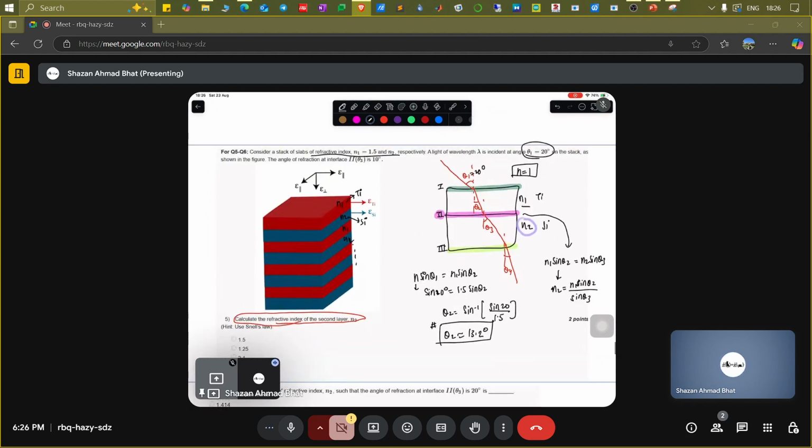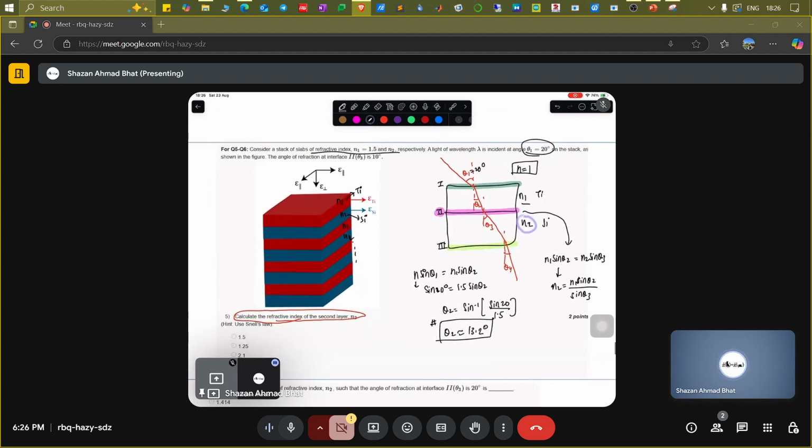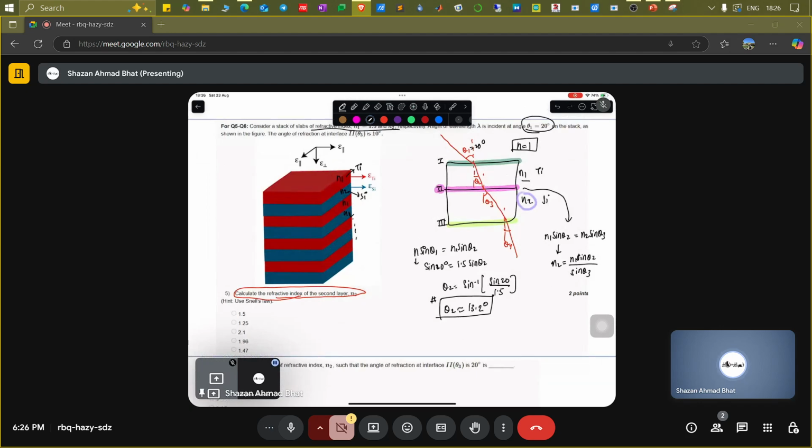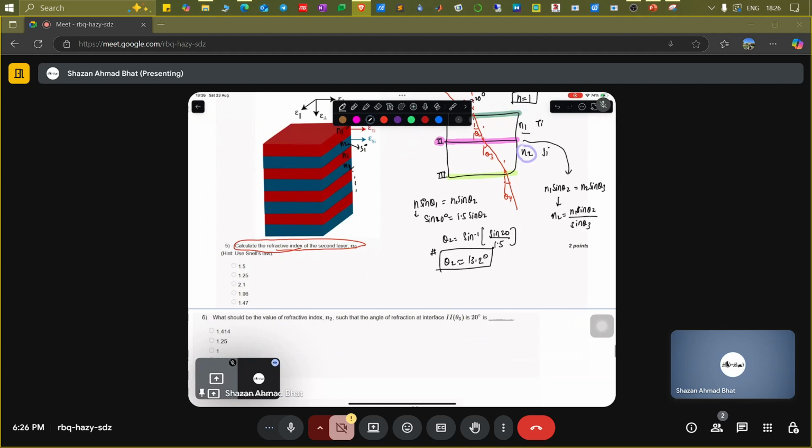Where is theta 3? Theta 3 is exactly theta 1, almost like vertically opposite angles. So you get n2 equal to 1.5 sine of 13.2 degrees divided by sine of 20 degrees. So you get n2 to be around 1.97, I guess.